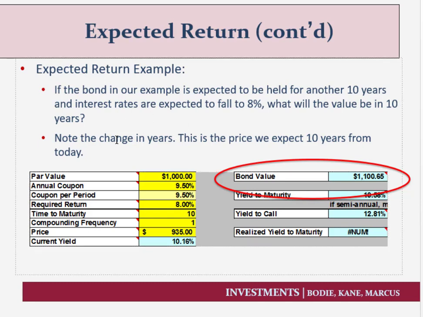So what you can see here, the change in years, we started out at 20 years, now we're at 10 years, right? So that's 10 years expected, 10 years from now. That gets us to 20 years total. This bond in 10 years should be worth $1,100 if interest rates go from 10 to 8%.